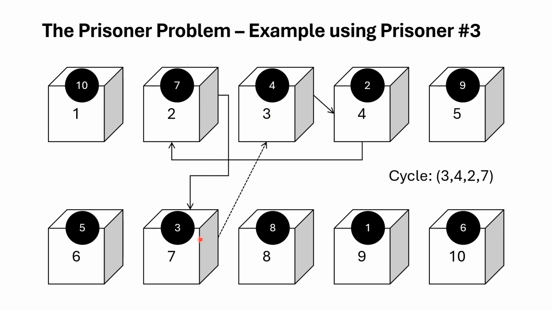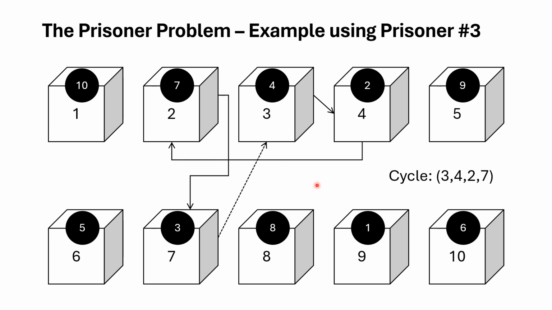The only problem is it may take more than 5 boxes to get back. And again, the reason that you always come back to the same box is that there's only a finite number of boxes, and these cycles need to complete, because you can't go on indefinitely. The way it completes is when you open the box with the number that points back to the number of the box you started with.